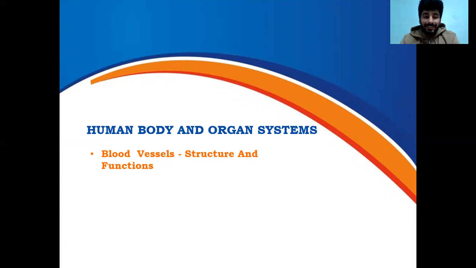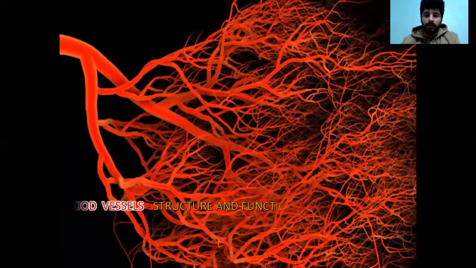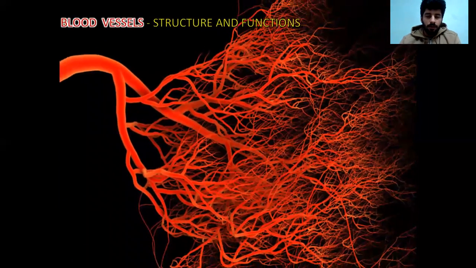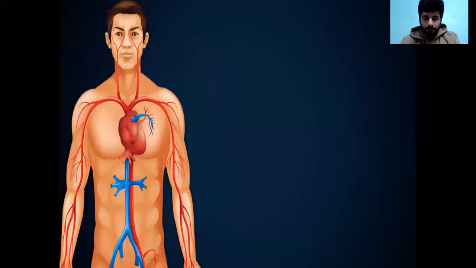Now we come to the blood vessels, which are going to help build our entire circulatory system. When we talk about blood vessels, the name suggests that their basic function is to transport blood to each and every part of our body.